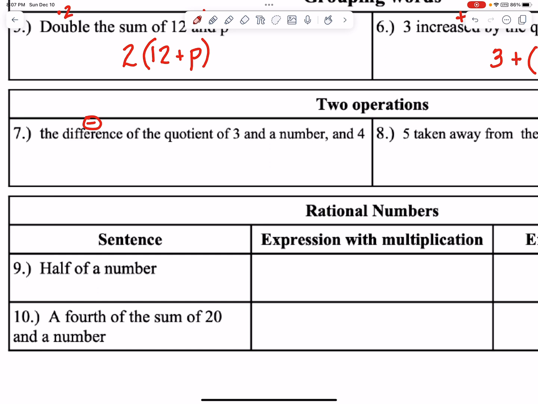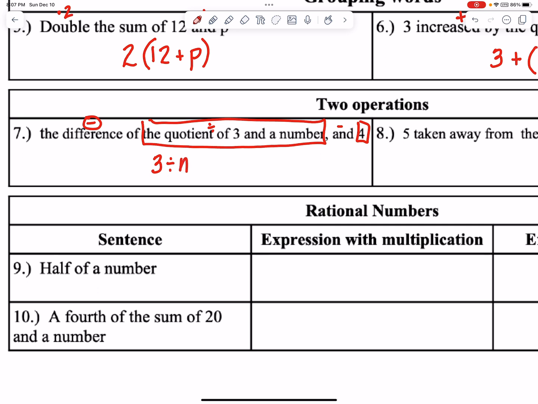So the difference of the quotient of 3 and a number and 4. So I want to take the difference of those two things. So here's where my subtraction symbol is going to go. Now the quotient, the quotient of 3 and a number, quotient means divide. So we're going to go 3 divided by a number.